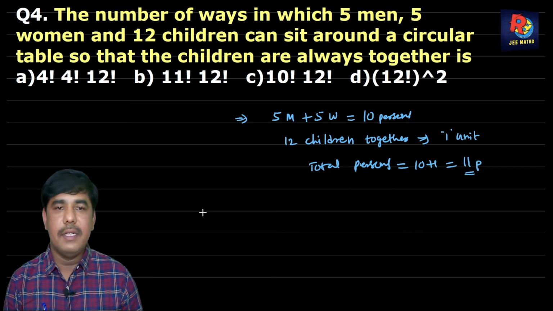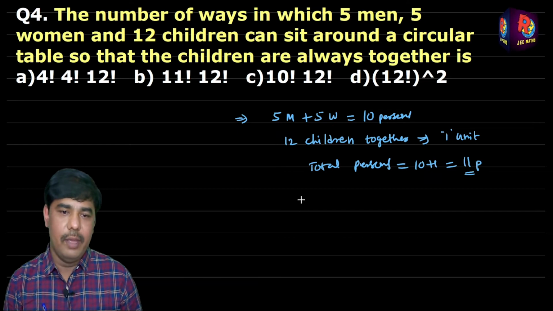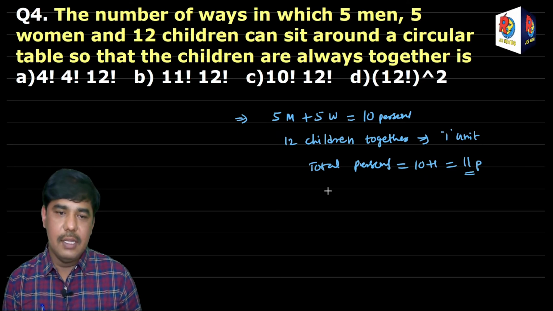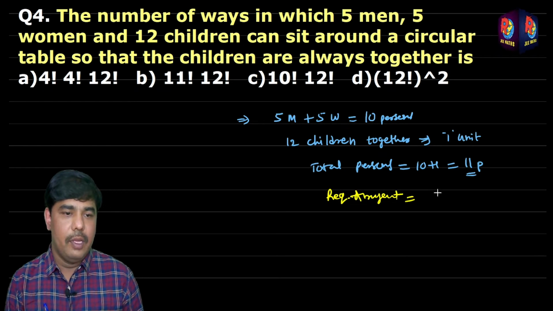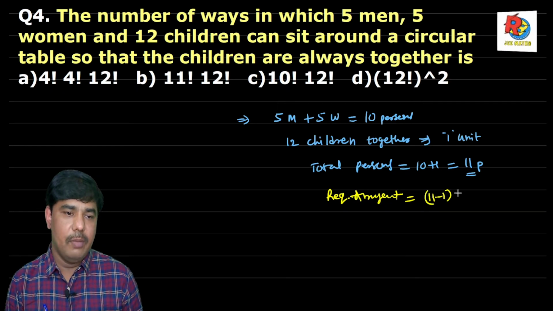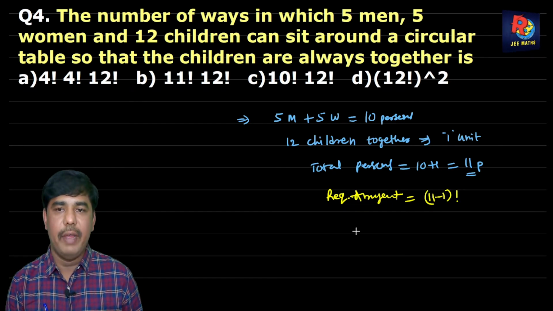These 11 persons we can arrange in a round table. So if you arrange in a round table, therefore required arrangement equals 11 persons will be arranged in 11 minus 1 factorial ways, round table, 11 minus 1 factorial.